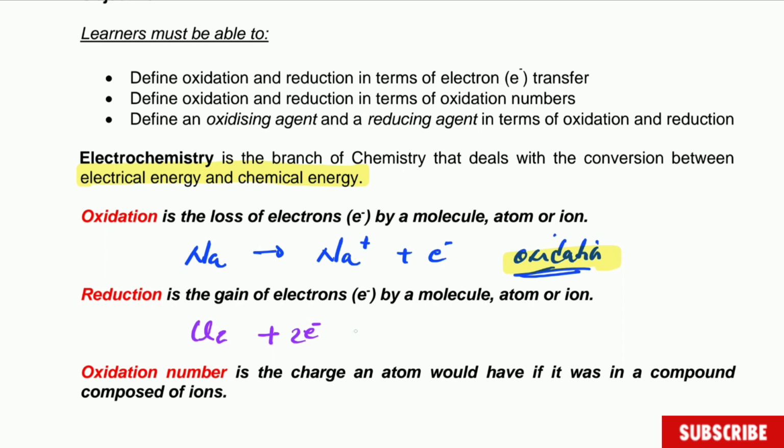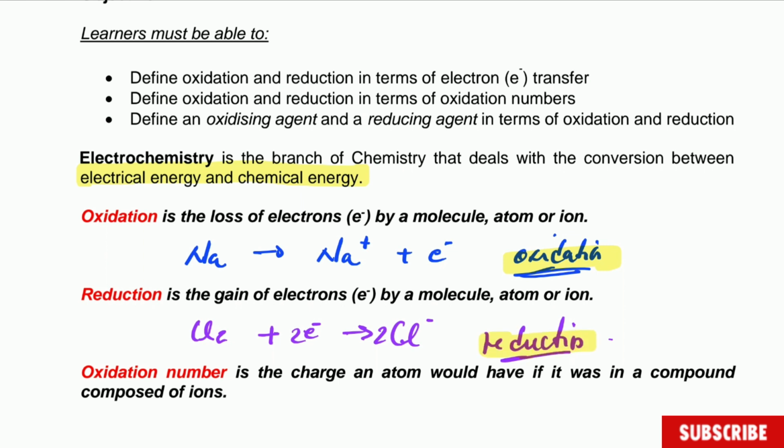Then if the Cl2 accepts 2 electrons, it becomes Cl minus, but we have in this case a 2 to balance the equation. We're going to speak about these equations later on, but we can see that Cl accepts electrons here, and this one is reduction. So we can say that Cl, or chlorine, is being reduced. So sodium is being oxidized while chlorine is being reduced.